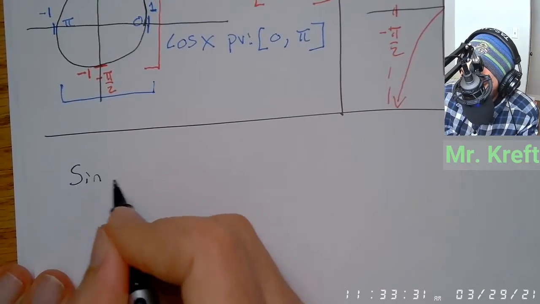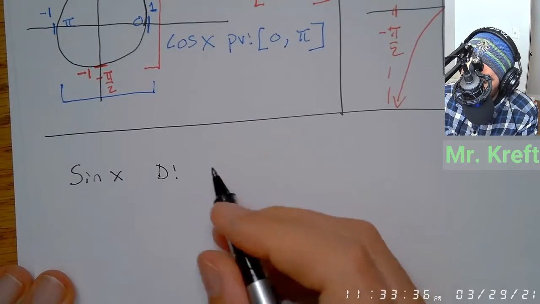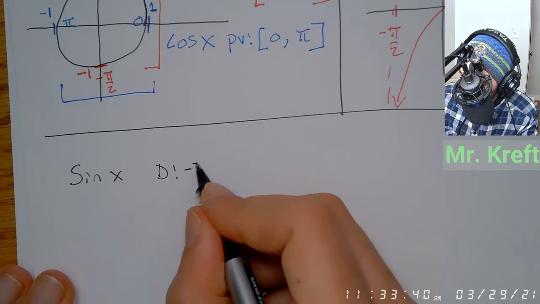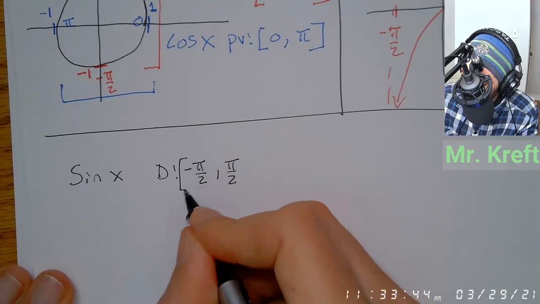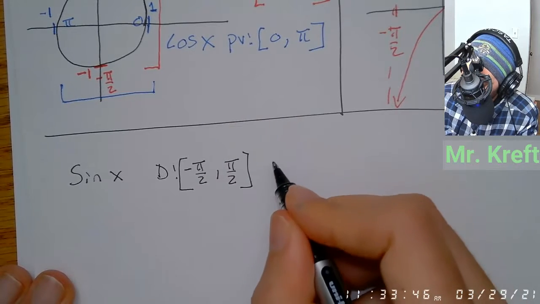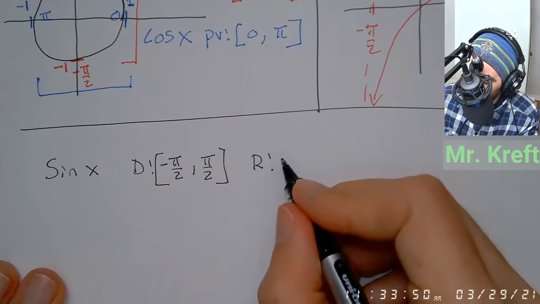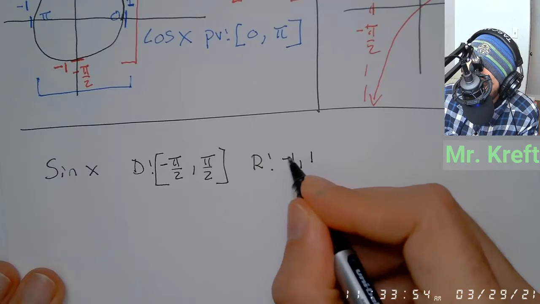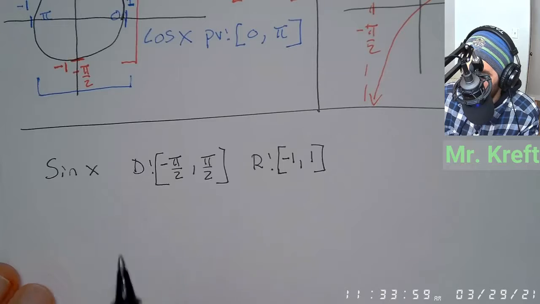So if we take a look at sine of x, the domain for sine of x is going to be negative pi over 2 to pi over 2. The range for sine of x is going to be -1 to 1. Okay, like that.